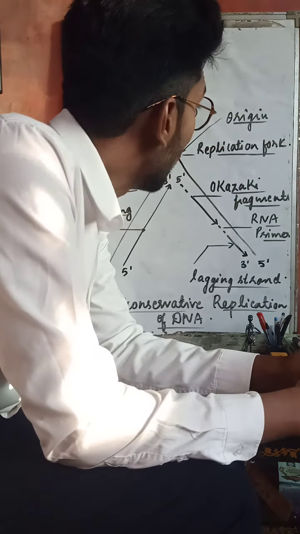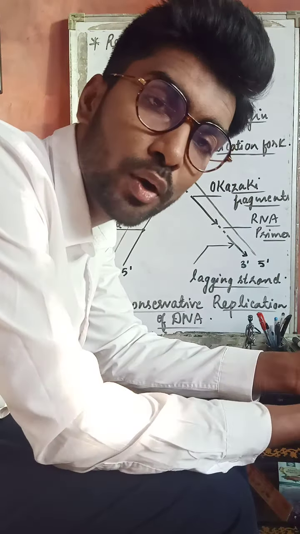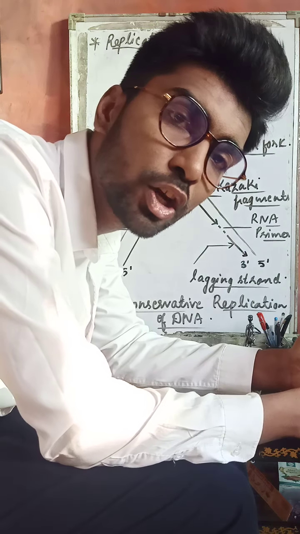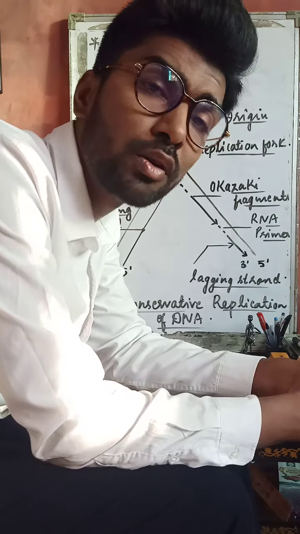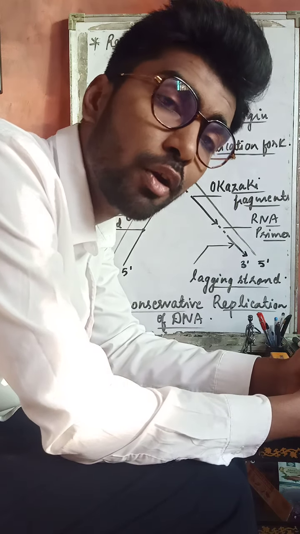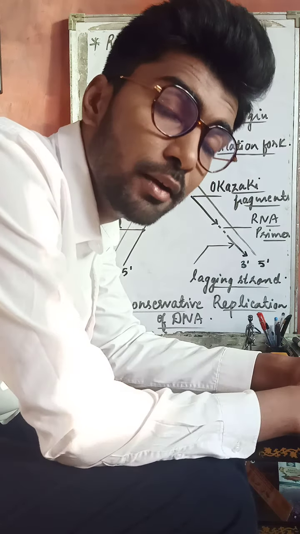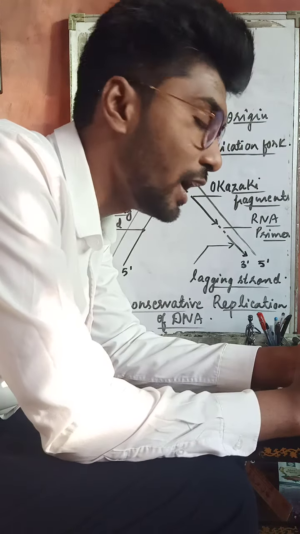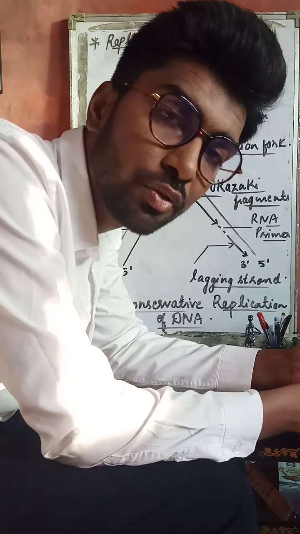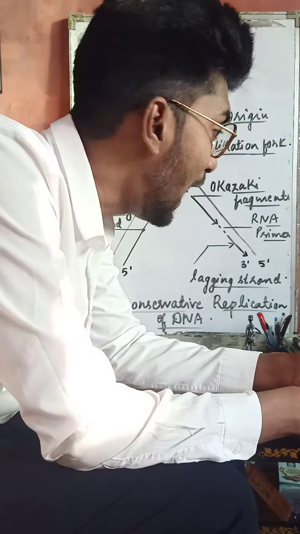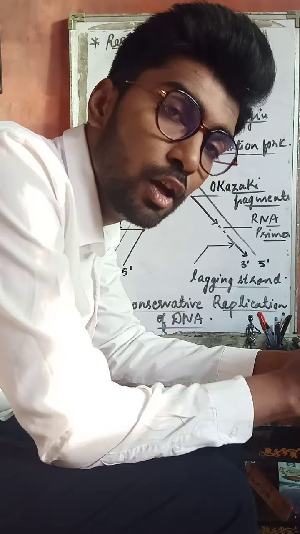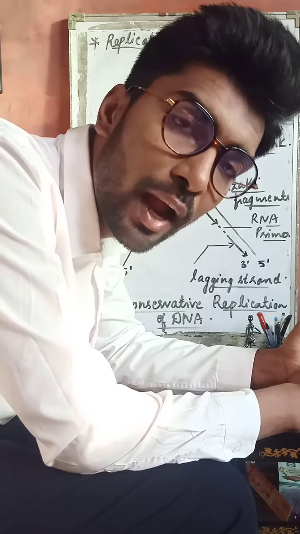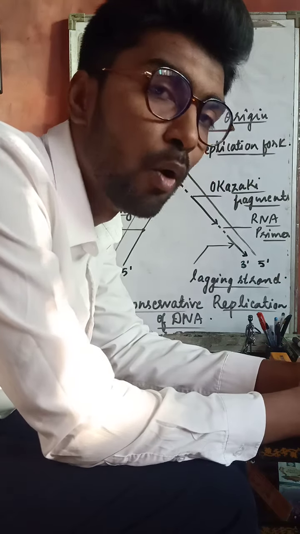In a prokaryotic cell there is a single origin or a single replicon, whereas in a eukaryotic cell there are many replicons or many origins. In a specific area, where the origin starts is termed as O, and where the termination takes place is termed as T. So O stands for origin point and T stands for termination point.